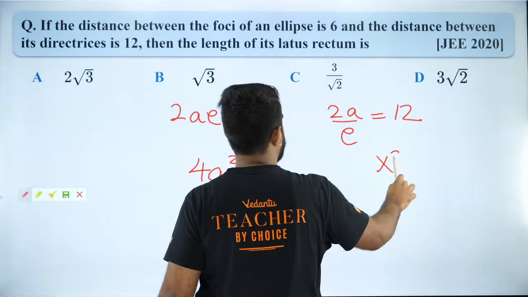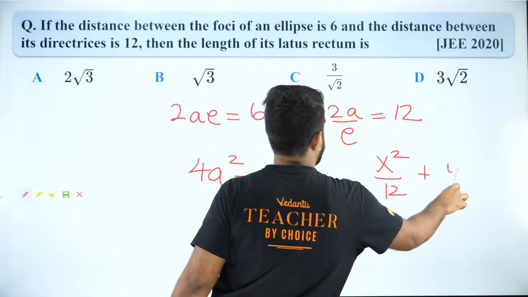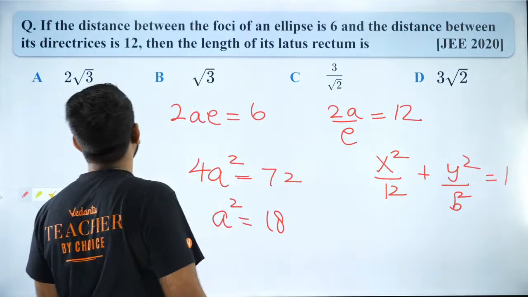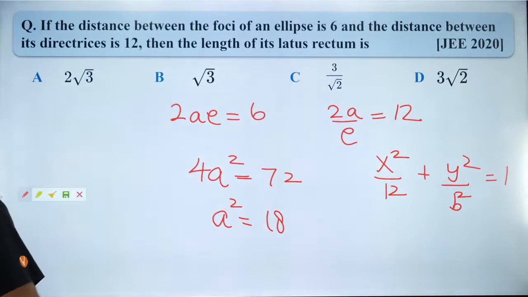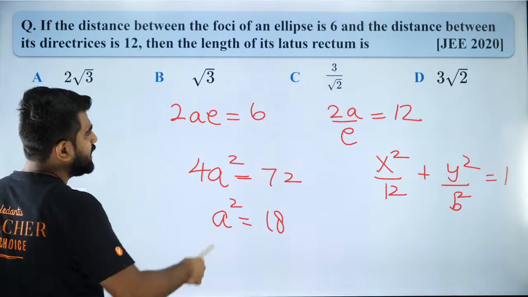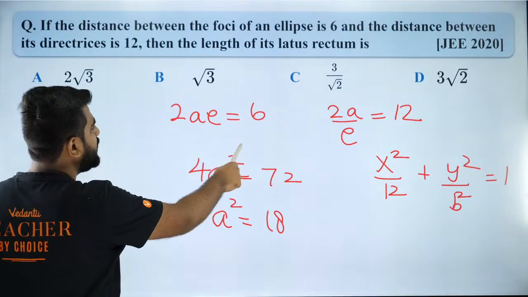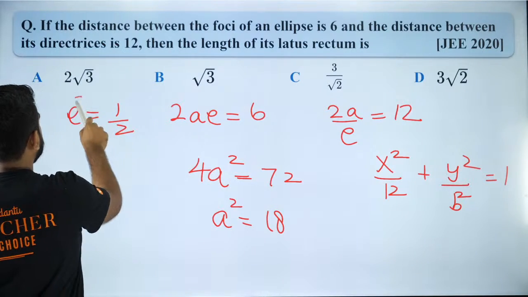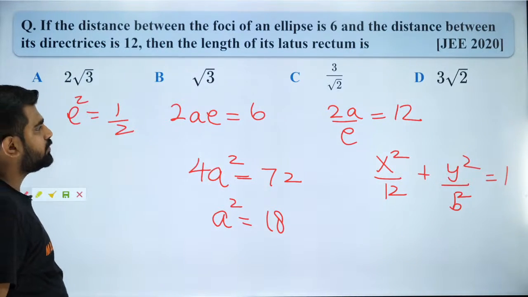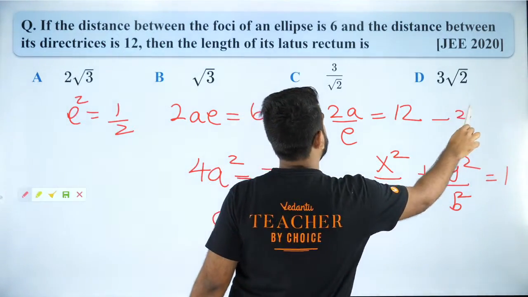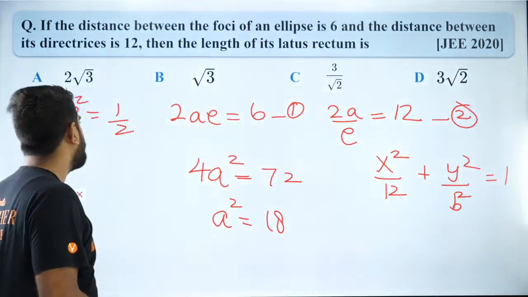So it's going to be x square by A square plus y square by B square equal to 1. So B square I need to find out. So how do I find out B square? Everybody? So we know that I can divide these two equations. If I divide these two equations, I'll get E square to be 1 by 2.